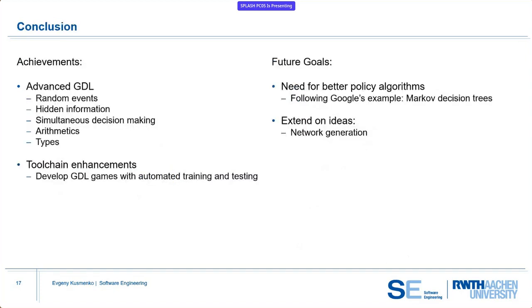So to conclude my talk, what have we achieved? First of all, we have developed GDL with some advanced GDL concepts, enabling us to model random events, hidden information, and simultaneous decision making, but also arithmetics for computations needed in games, and also a type system.